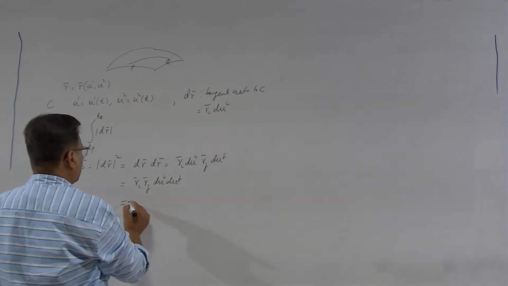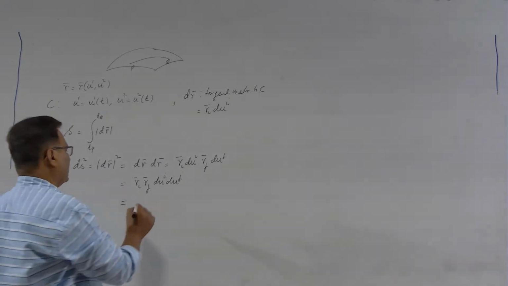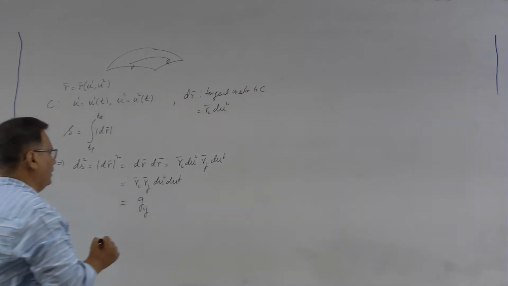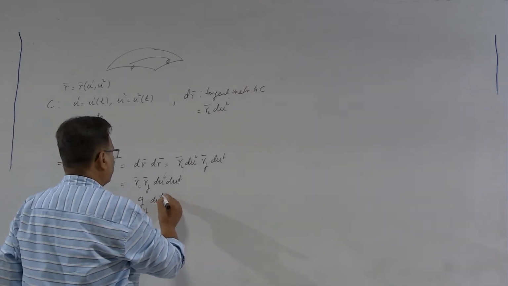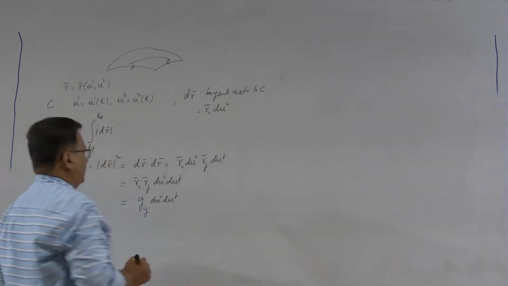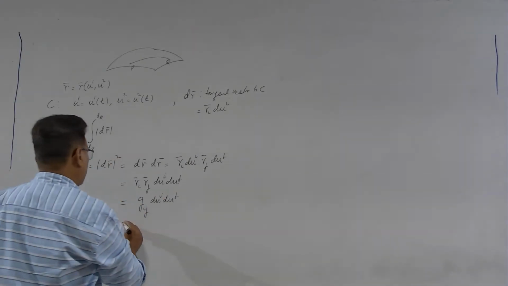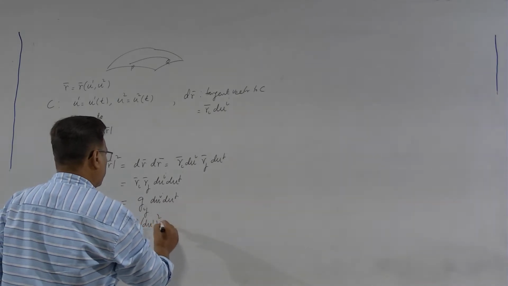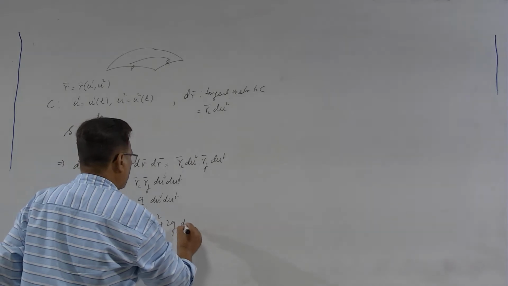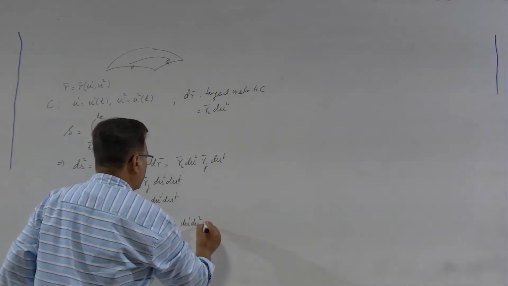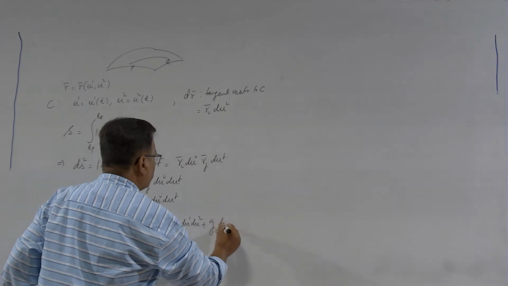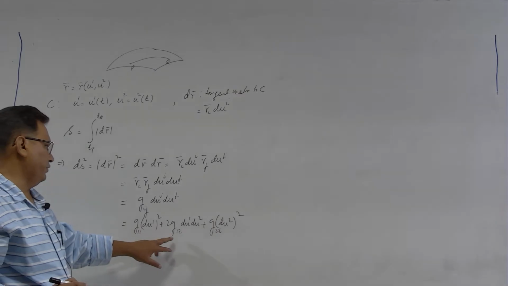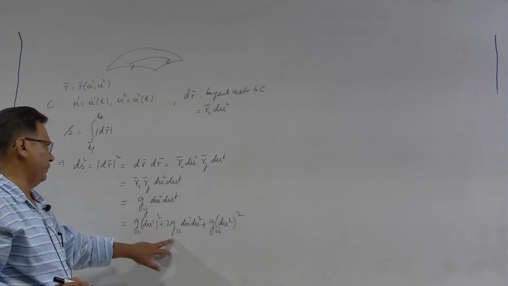So, we fixed certain notations. r_i dot r_j was denoted by the symbol g_ij, so g_ij du^i du^j. In the expanded form, this would look like g_11 (du^1) square plus 2 times g_12 du^1 du^2 plus g_22 (du^2) whole square, where we have made use of the fact that g_21 is same as g_12.